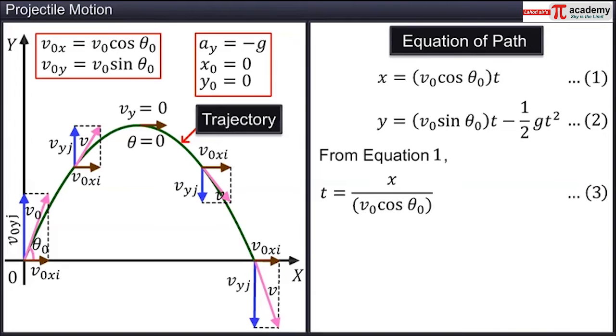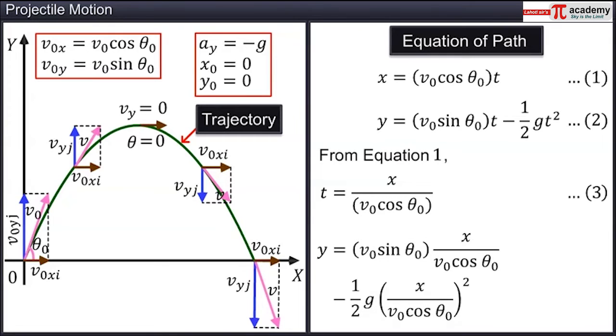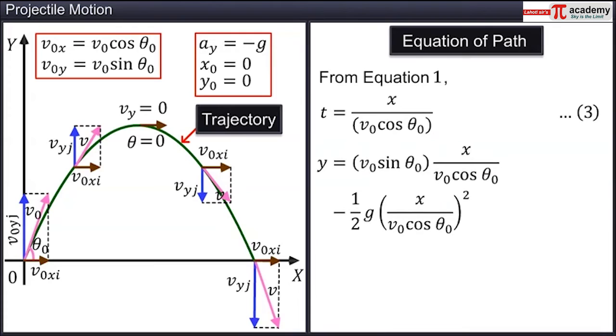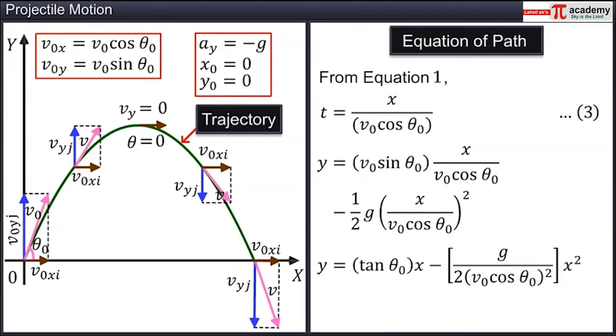Let this be equation 3. Substituting equation 3 in 2 and simplifying, we get y is equal to tan θ0 into x minus g divided by 2 into (v0 cos θ0) square into x square. Let this be equation 4.